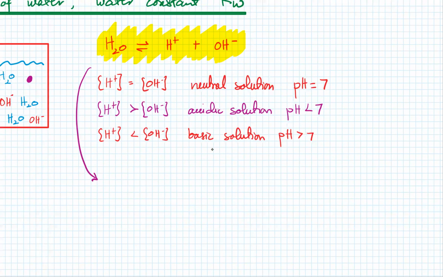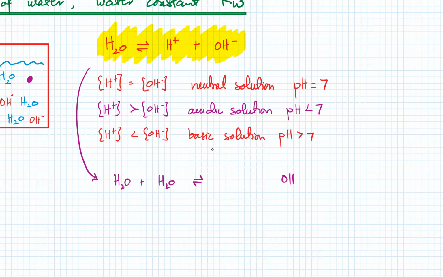It's basically two water molecules reacting with each other. And what happens is that one of the water molecules loses an H plus one, so it becomes OH minus one. And that H plus one goes to the other water molecule.